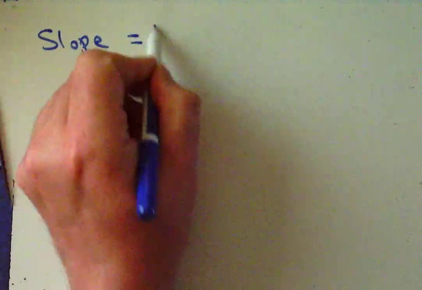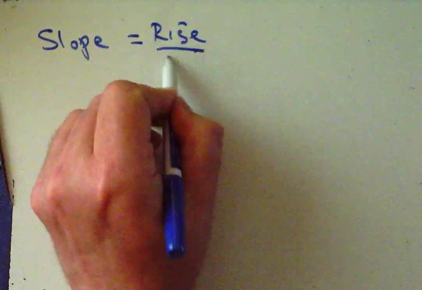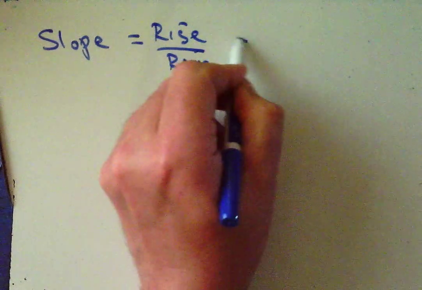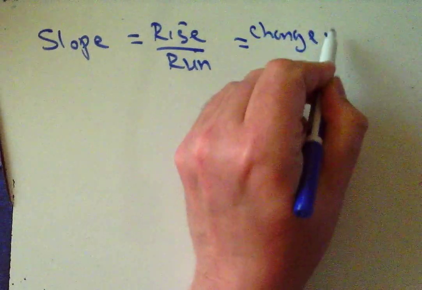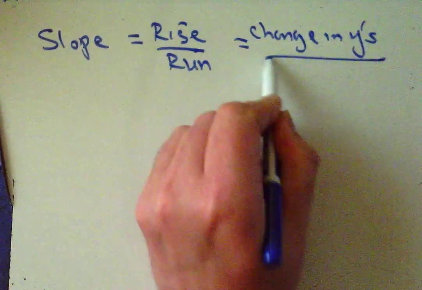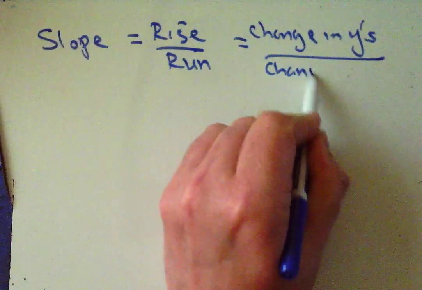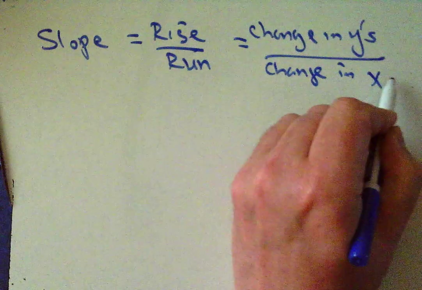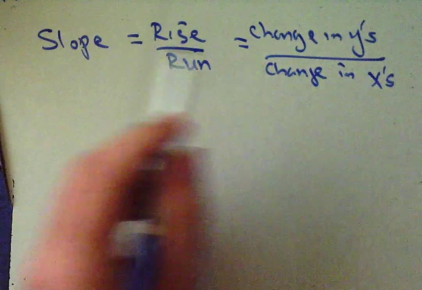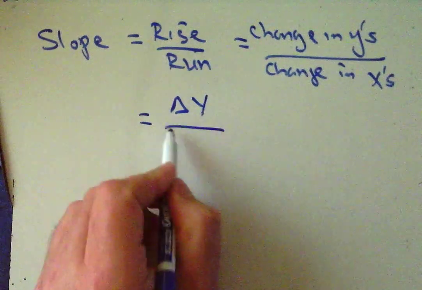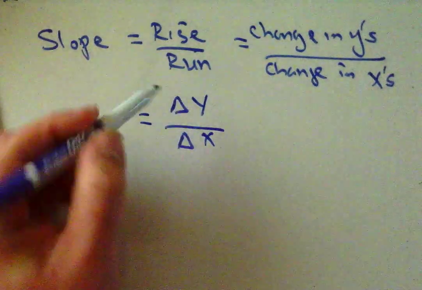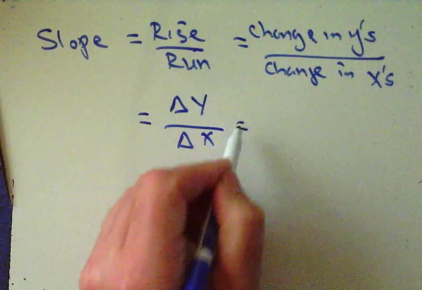Remember, when we talk about the slope of a line, we're talking in terms of rise over run, and we can think of that as a change in y values over a change in x values. Now, in calculus notation, we might say that's delta y over delta x, a change in y's over a change in x's.